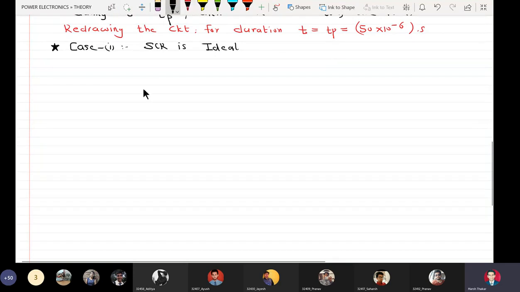For case number 1, SCR is ideal. Replace it with short circuit.